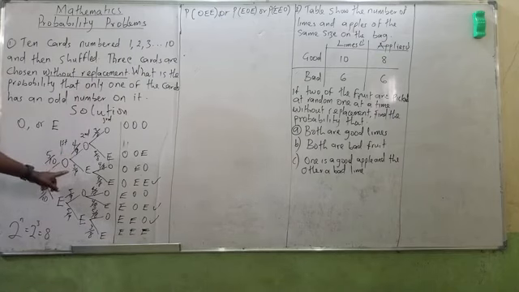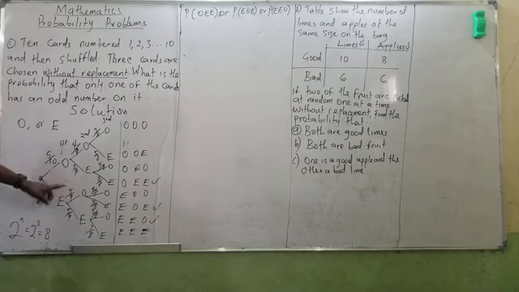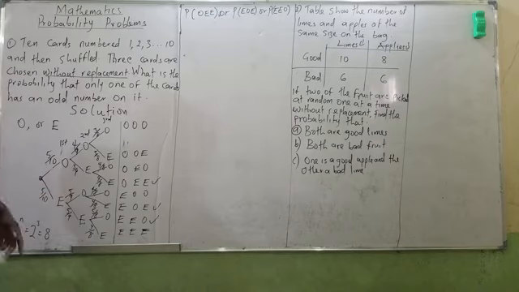The even remains intact, so I'll be having 5 all over 9, but the total number of cards is not the same. The same thing applies here: this one remains intact, so I'll be having that all over that. That is what we need to do there.